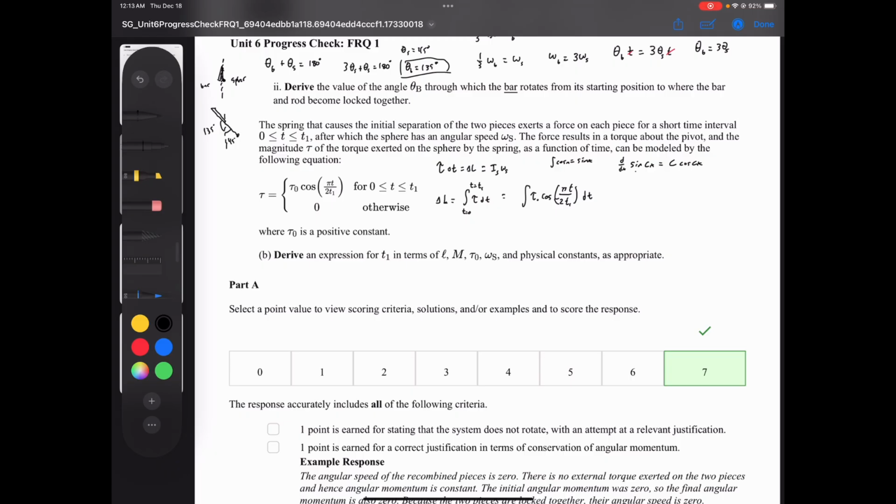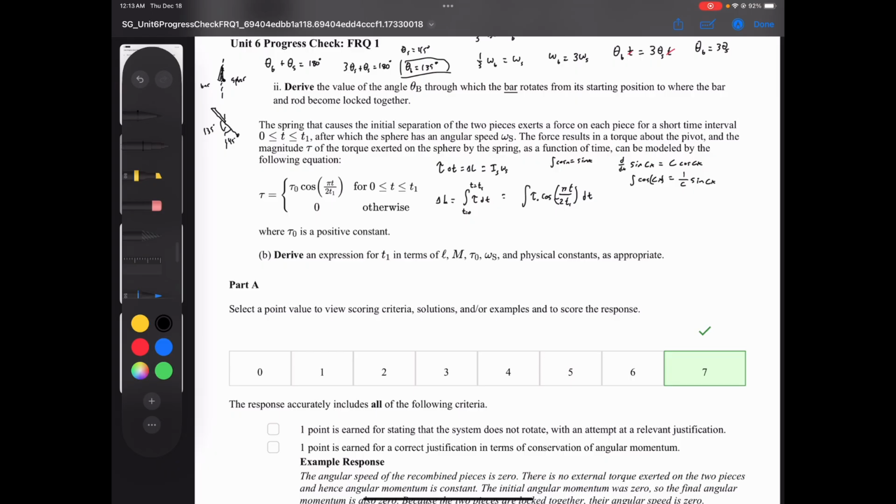And if I do the integral of the cosine of some constant times x, that's going to give me 1 over c times the sine of cx. So that's the functional form we're going to use.